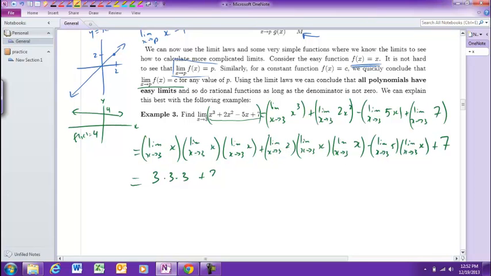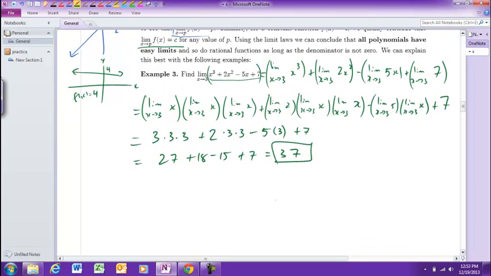That's going to give me 2. Then I'll get a 3 here and a 3 there, just like I got those 3's. Minus, this will give me a 5, that'll give me a 3, plus 7. This is 27 plus 18 minus 15 plus 7, which comes out to being 37.